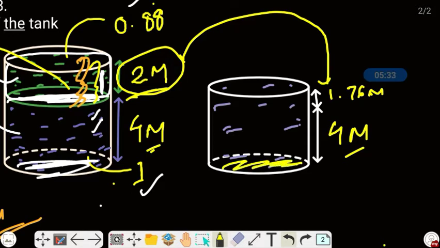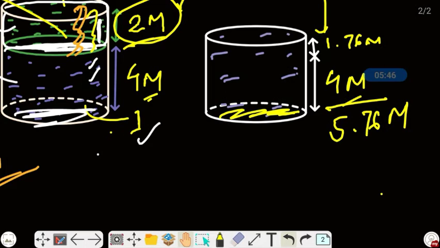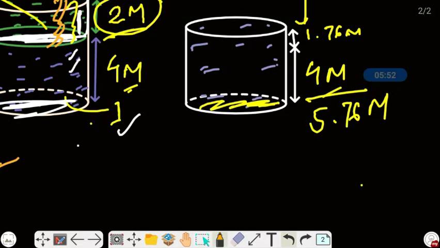So what will be the total height of the water column? That will be 5.76 meter of water above this. So now we can directly apply our rho gh formula. The pressure at the bottom will be rho of water, we have replaced with water.